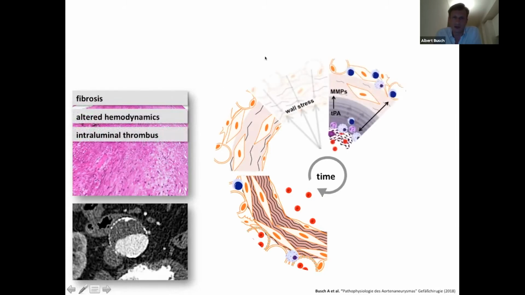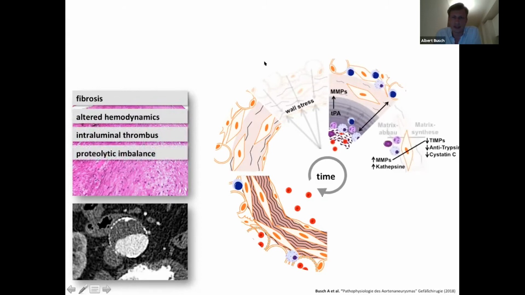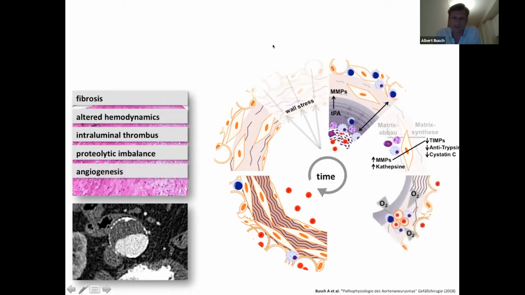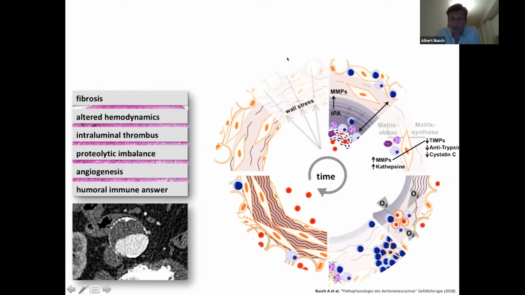We've heard about possible thrombus activities. There is some proteolytic imbalance going on, possibly overexpression of the MMP9s, for example. We do see some angiogenesis going on in those aneurysms. And we know there is some sort of immune answer that might be helpful to condemn the process or not.